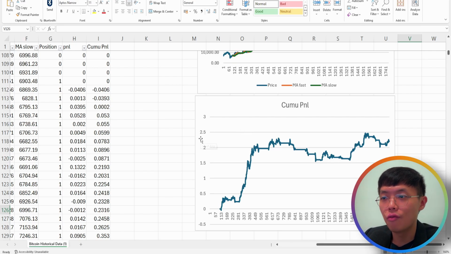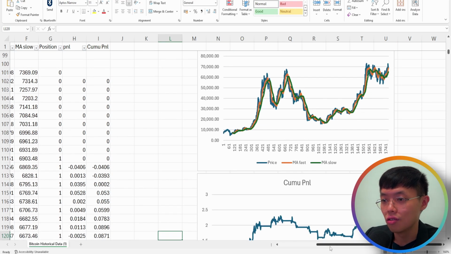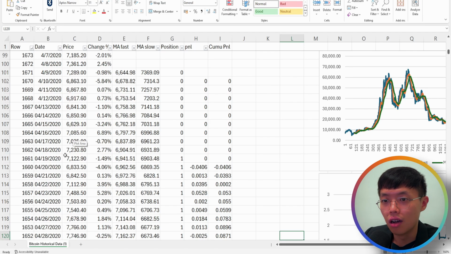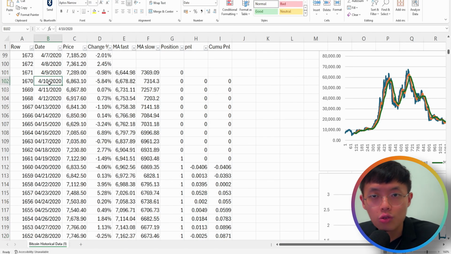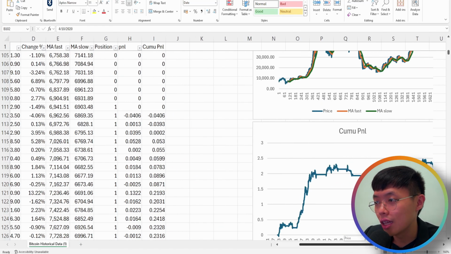Okay, 250% profit using this strategy, for 4 years. This backtest is from October 2020, so it's more or less 4 years. Right now it's already November 2024. In 4 years' time you get 250%.